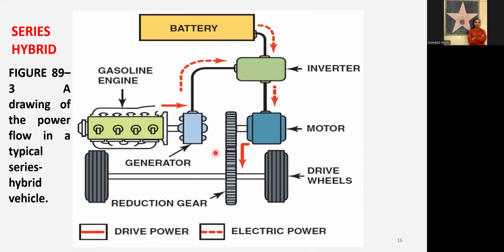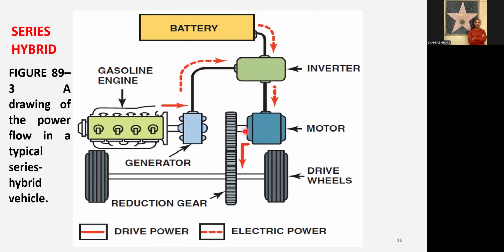This is the simple series hybrid figure, a drawing of the power flow in a typical series hybrid vehicle. We have this gasoline engine driving the generator. From the generator, the voltage and current go to the inverter, and from the inverter to the electric motor.